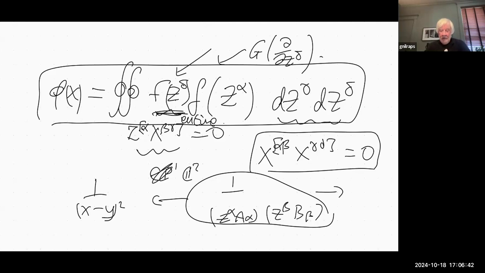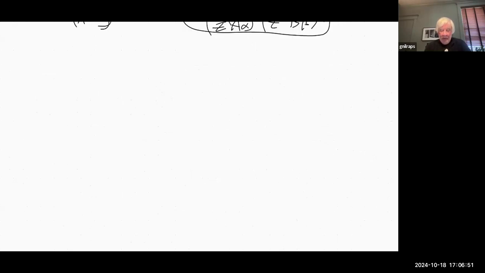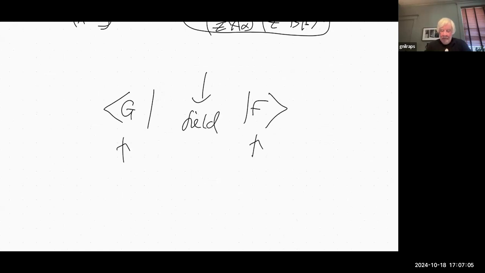So in the end, what I'm proposing, I more or less said this in Cambridge in a different language, is that you should really regard the space-time field as having the following structure. You have an input F, an output G, and then you put the field that you're thinking about in here, where this is thought of as an entire function of z, and this one an entire function of d by dz.